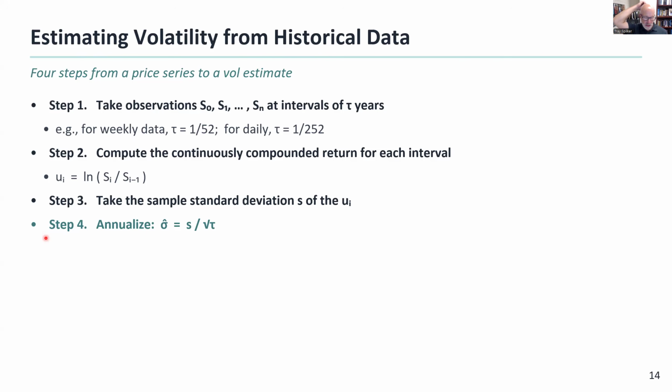Then we would compute the continuously compounded return for each interval. Meaning, you have a share price at the time you bought it, for example, and the share price a week from now. What's nice about log-normally distributed stock prices is that we can just use the log of prices to determine what our actual return is.